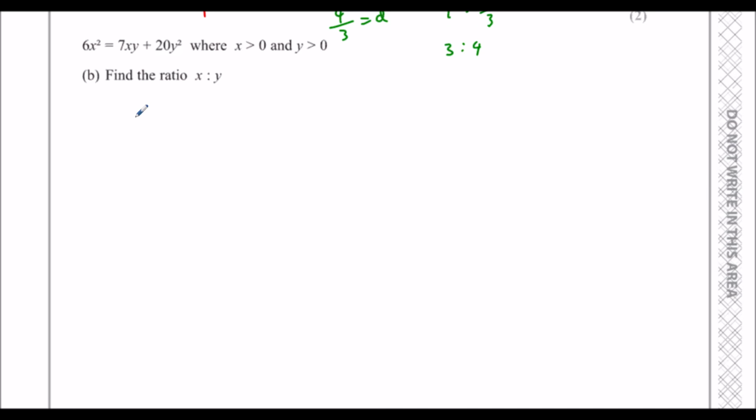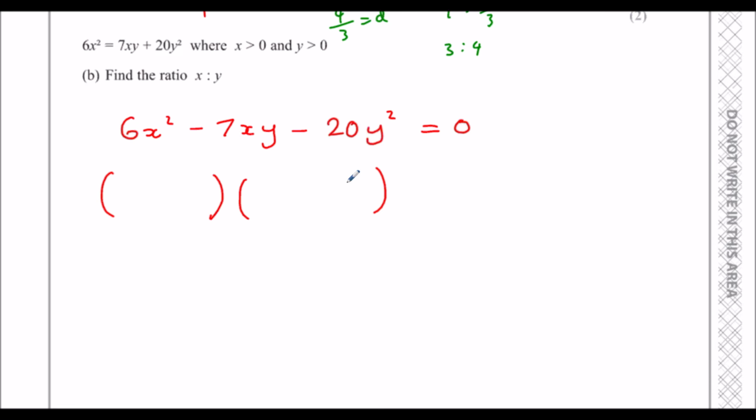So if we make it equal to 0, so take 7xy away from both sides, take 20y squared away from both sides, then we can actually factorize. So we're going to have an x as both of the first terms and a y as both of the second terms.